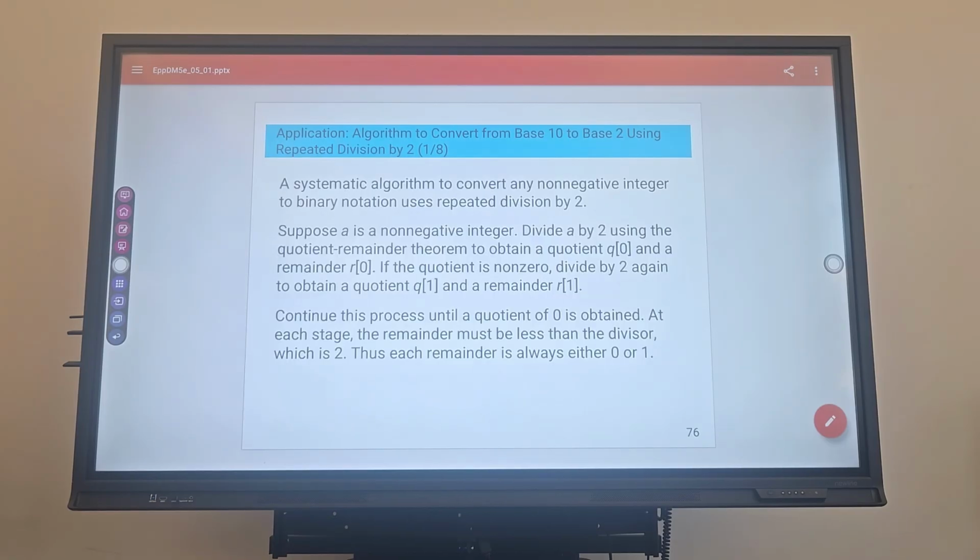If the quotient is non-zero, divide by 2 again to obtain quotient q1 and remainder r1. Continue this process until a quotient of 0 is obtained. At each stage, the remainder must be less than the divisor, which is 2. Thus, each remainder is always going to be either 0 or 1.